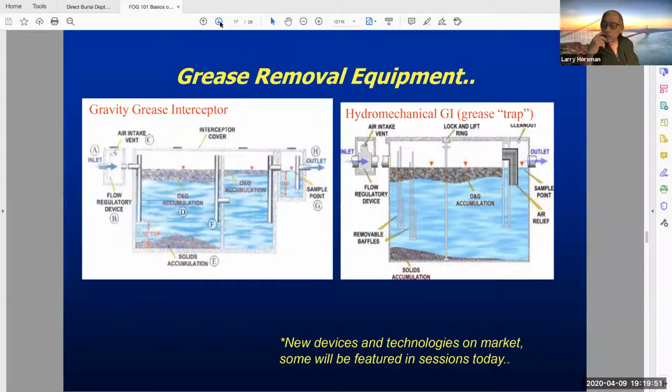But the solids and stuff, the heavy stuff, falls to the bottom. The fat, oil, and grease typically floats to the top. And that's why they have those pipes submerged, so that hopefully what's coming out is relatively clean water that doesn't have that sludge in it.